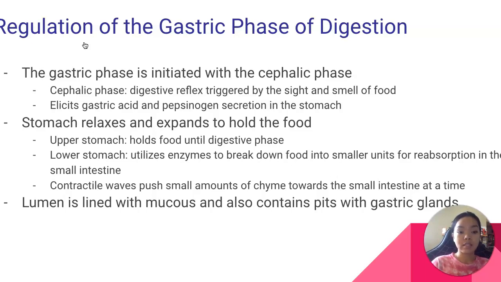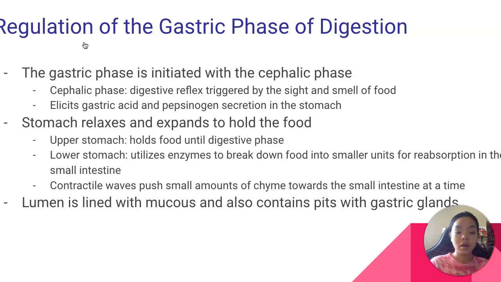It elicits gastric acid and pepsinogen secretion in the stomach. So this is essentially why our mouth waters when we see or smell food, and that's why sometimes our stomach growls when we see food walking past us in a restaurant or we see a video about food. Yes, it elicits gastric acid and pepsinogen secretion in the stomach.